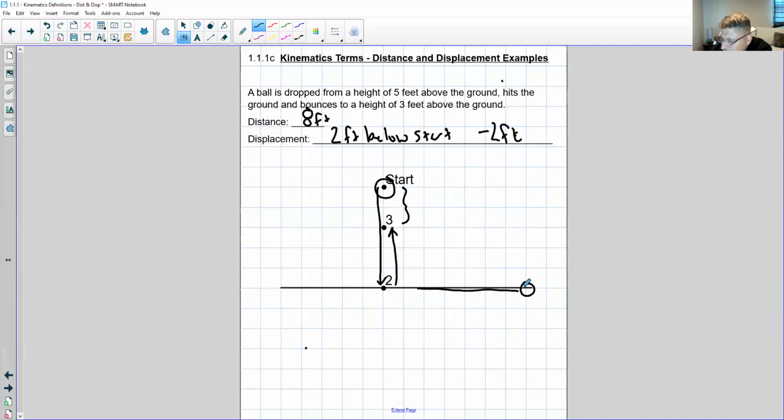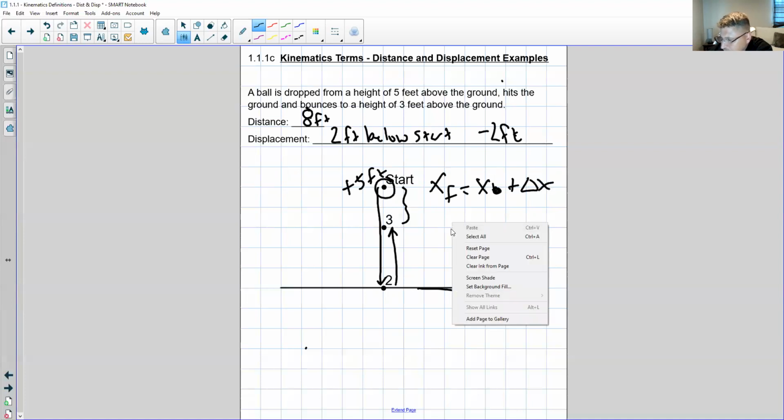Well, now the starting point is not 0 anymore. The starting point would actually be a position of plus 5 feet. And if we do our calculation, the final position is equal to the initial position plus any changes.